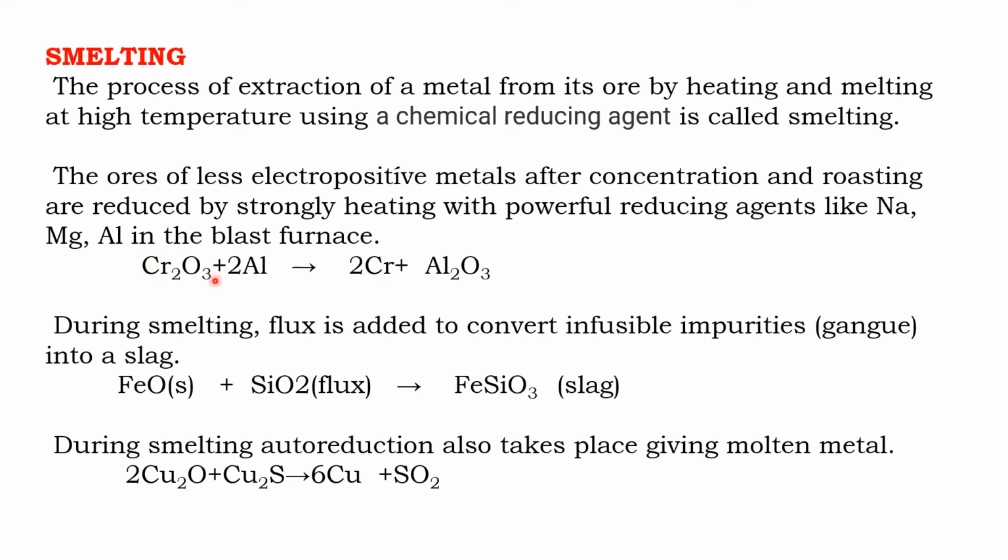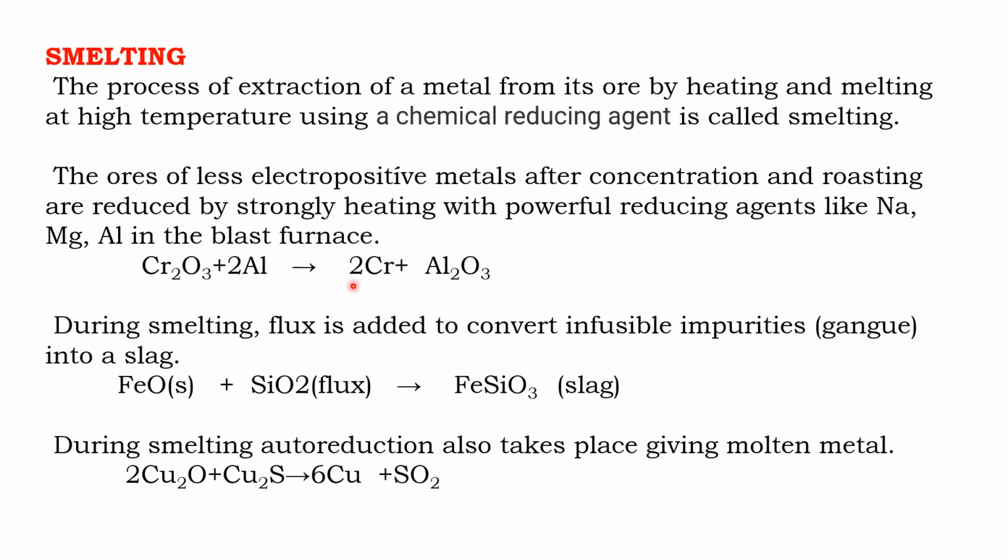The temperature is very high and we add a reducing agent like aluminum, magnesium or sodium, so that the oxygen is removed and the metal is obtained in purified form.